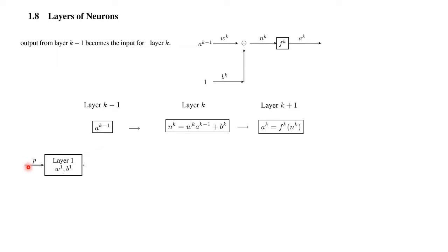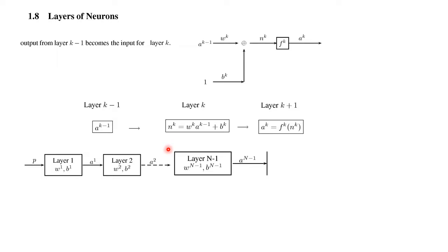If that's an input pattern P, then in layer 1 we've got W1 and B1, and it activates out to give us A superscript 1. Into layer 2, there's W2 and B2, that's the weight matrix, and that's that vector of biases in layer 2, activates out, and so on up the line.